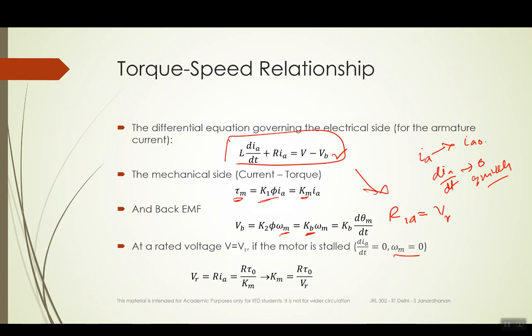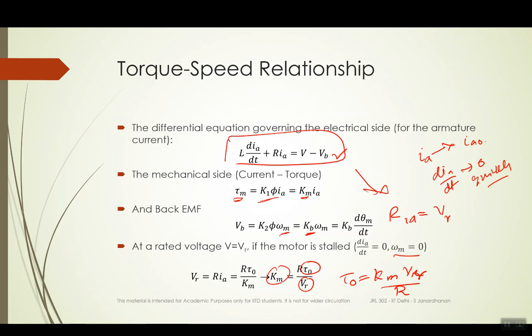Let us say this torque is tau 0. You can relate tau 0, Vr and the motor constant Km, since the motor constant depends on the inside of the motor, so tau 0 is Km Vr by R. So as the voltage increases, the torque value will increase.